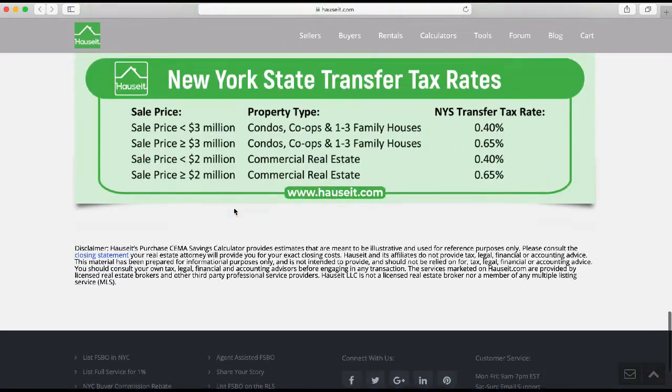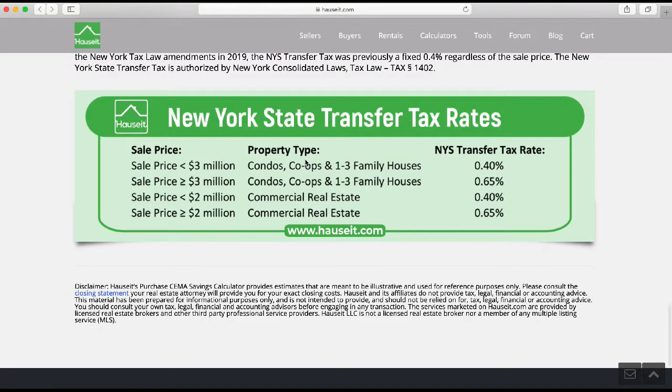If you go further down here, we also have an overview of the transfer tax rates. They're also different. If you have a commercial deal or a 4 or more family house transaction, that higher rate applies at or above 2 million, as opposed to at or above 3 million for your typical residential deal consisting of condos, co-ops, as well as 1 to 3 family houses.